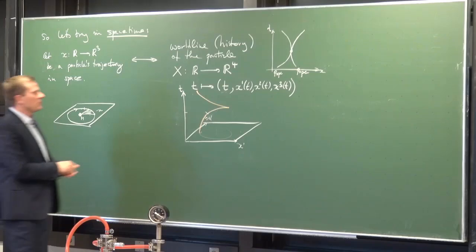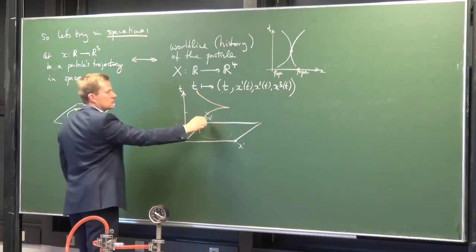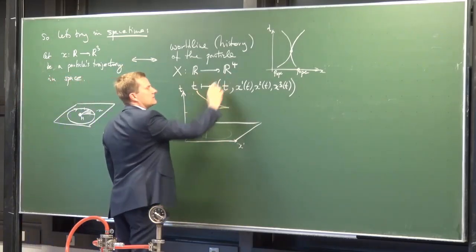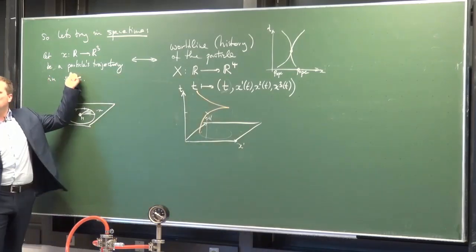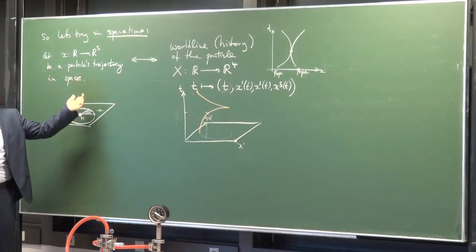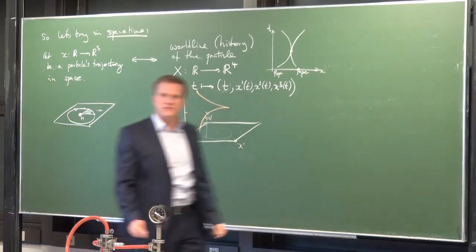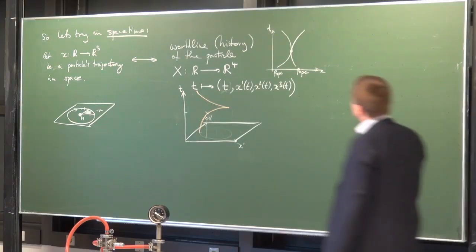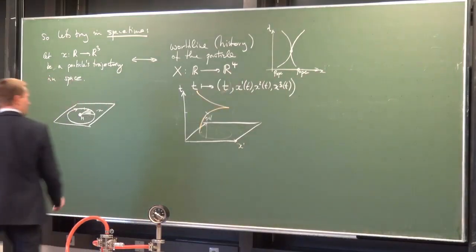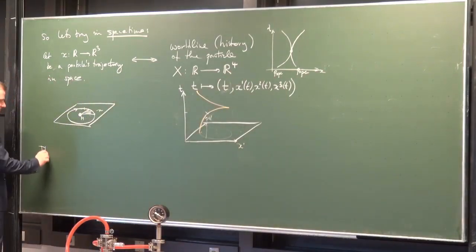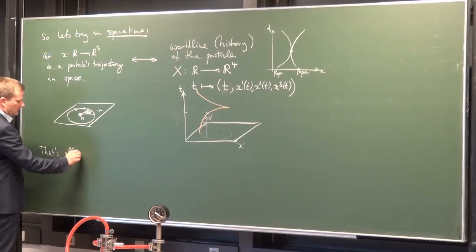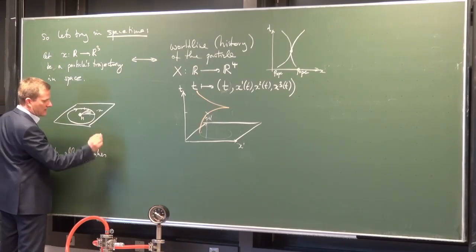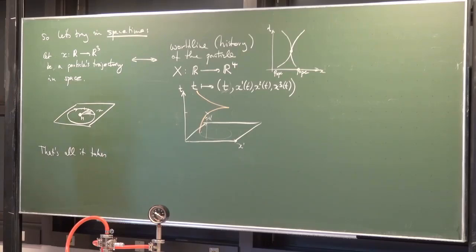But obviously, if you're here, you can go back because you just project. You just forget the first component, and you get this curve back. There's nothing happening. No new physics, no nothing. It's just a different way to represent the history of a particle. That's it. That's all it takes to make Laplace's idea work, but in space-time.